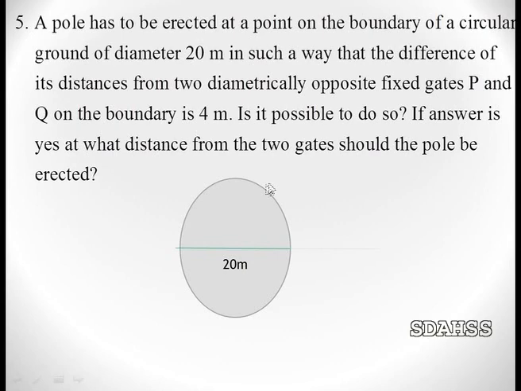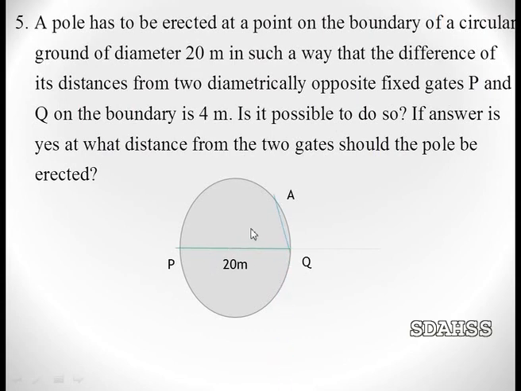Here a pole is erected on the boundary of a circular ground. That must be taken as A, and the diametrically opposite fixed gates P and Q on the boundary. So P and Q.